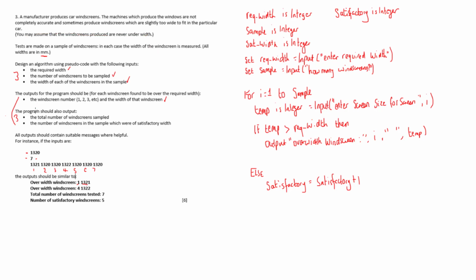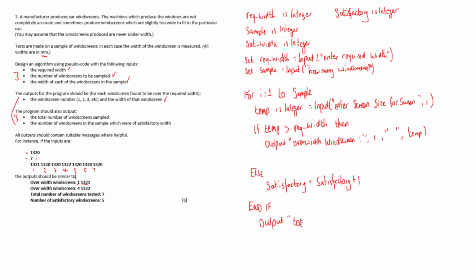Okay, done that. Total number of windscreens sampled, well, that's going to be my sample. The number of windscreens in the sample, yeah. Okay, I think we're good. Let's just close this up here. I'm a bit suspicious because that seemed fairly straightforward to me. Let me end the if there. So I need to output total number of windscreens tested.